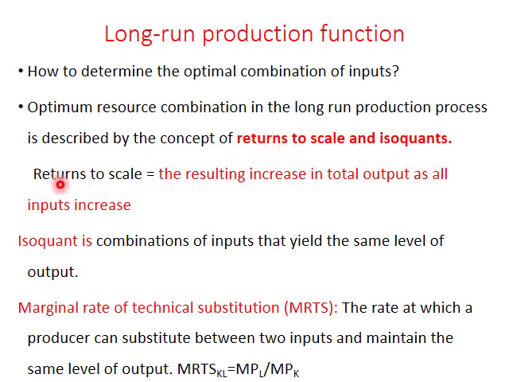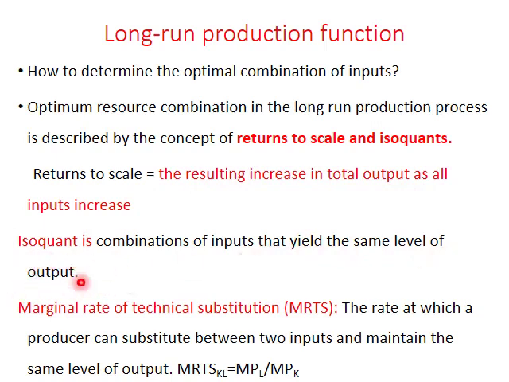By return to scale, we mean the resulting increase in total output as all inputs increase. Because in the long run, all inputs are variable input. And isoquant is a combination of inputs that yield the same levels of output.